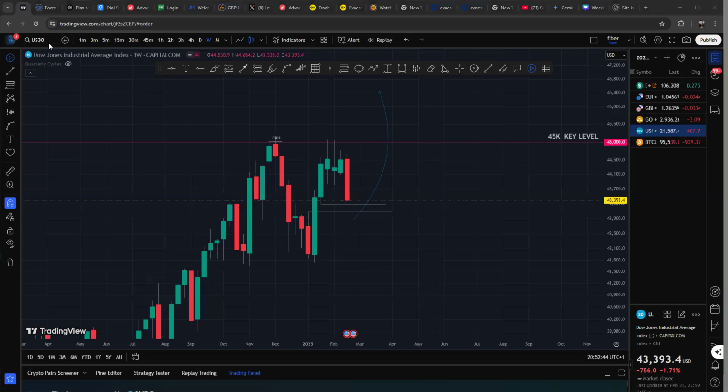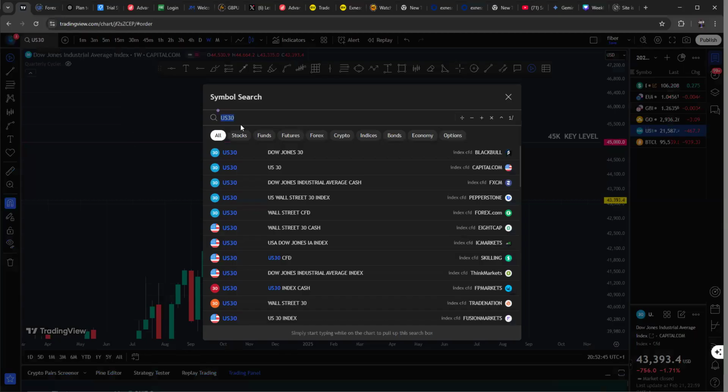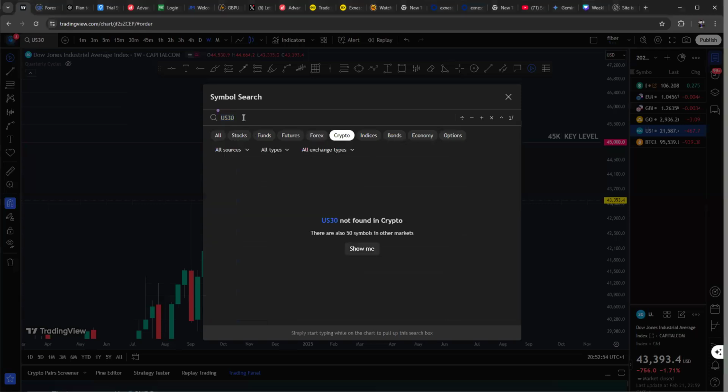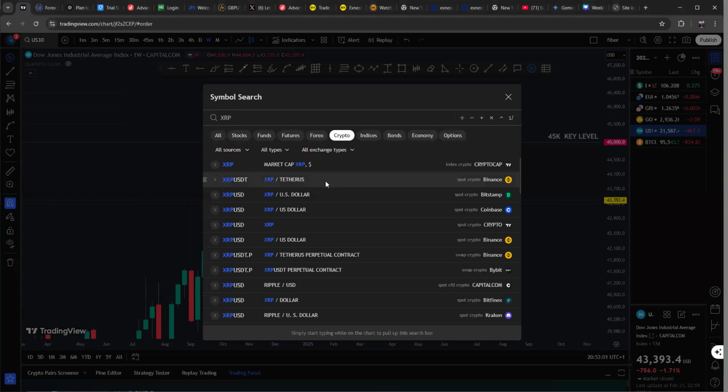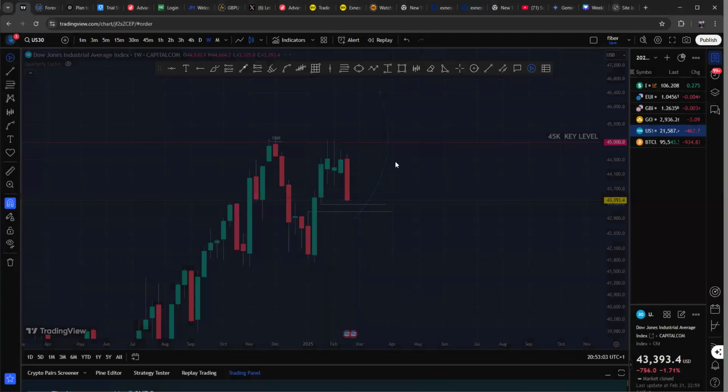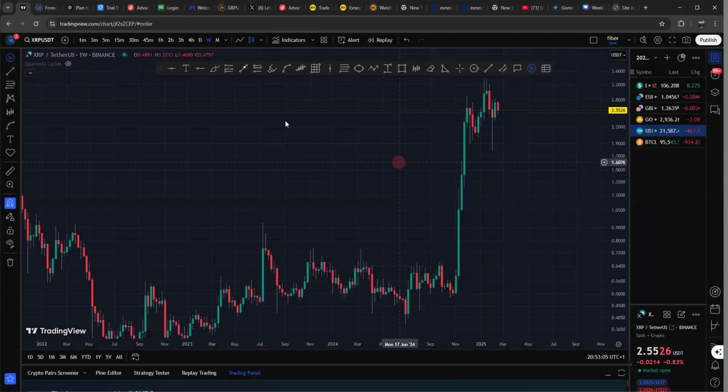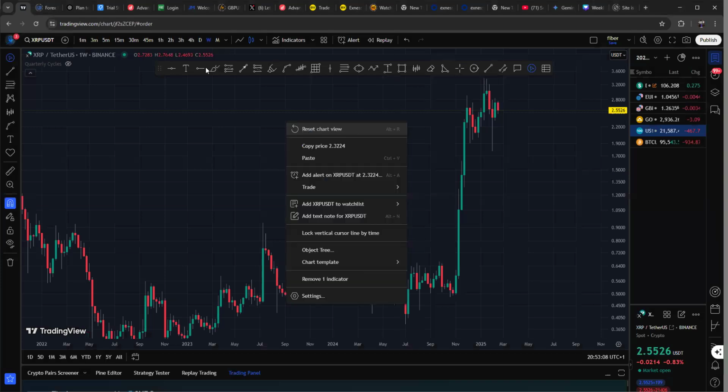Somebody said XRP. That should be crypto. XRP USDT on Binance. What a nice spike on the weekly time frame.